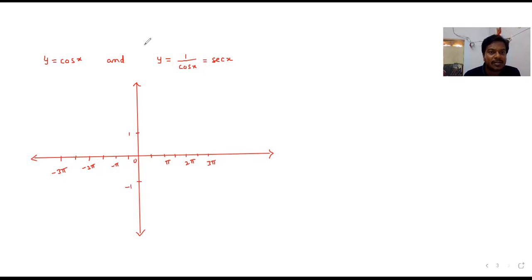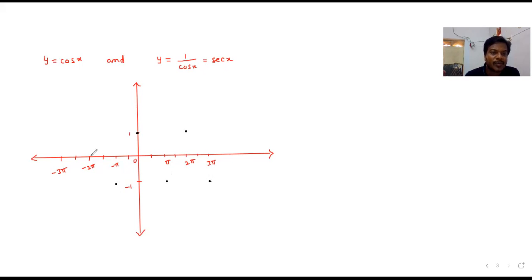Now substitute the values, x equal to 0 first. Cos 0, that is 1. Cos pi, minus 1. Cos 2 pi, again plus 1. Cos 3 pi, minus 1. Cos of minus pi, nothing but cos pi, again minus 1.